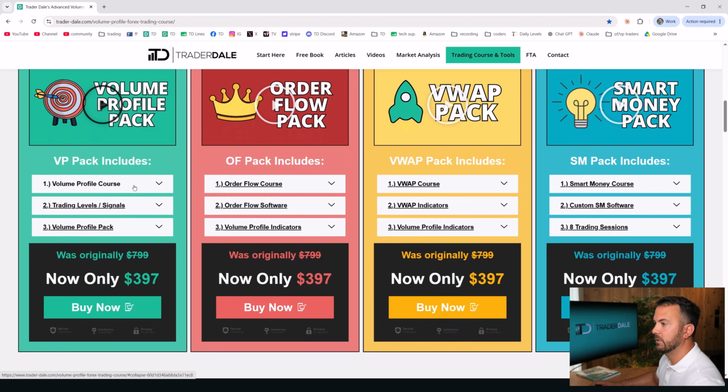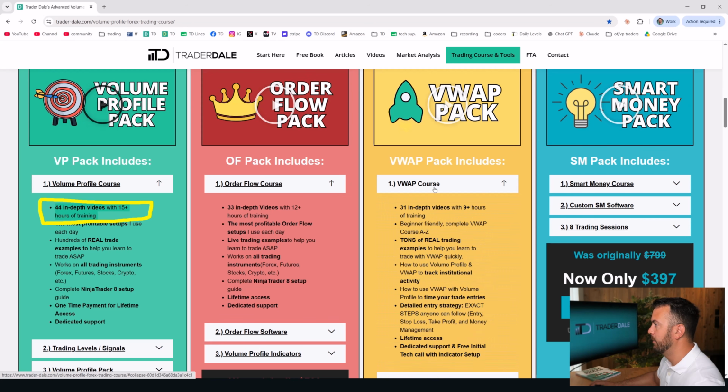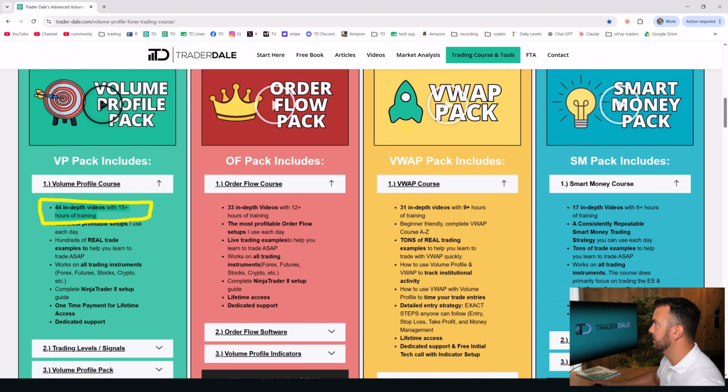If you click, for example, here, the volume profile course, it shows some details and also the length of the videos. The same goes for the order flow pack, VWAP pack, smart money pack, right? Everything together is over 40 hours.